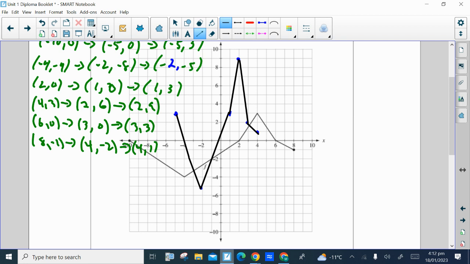Something like that. So we've done this. We use this procedure quite a bit where we just pick all the main points on the first graph, and then we do all the transformations to each point.